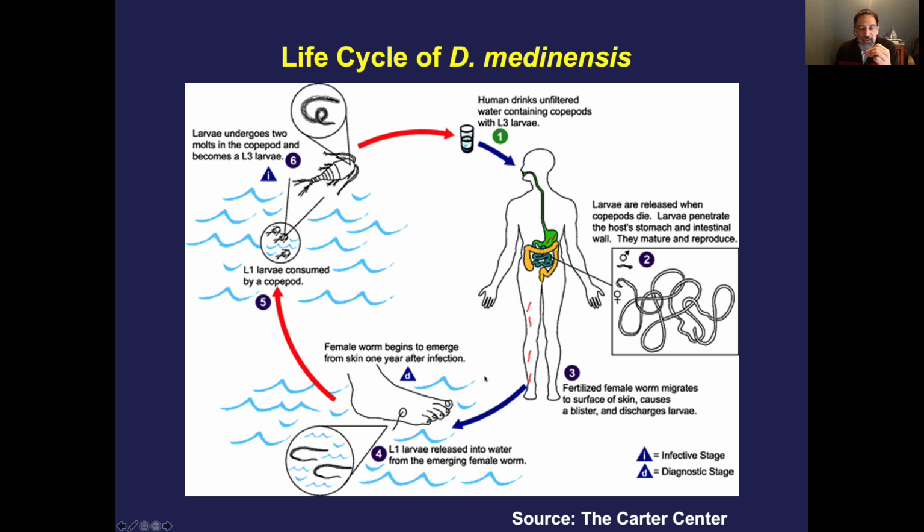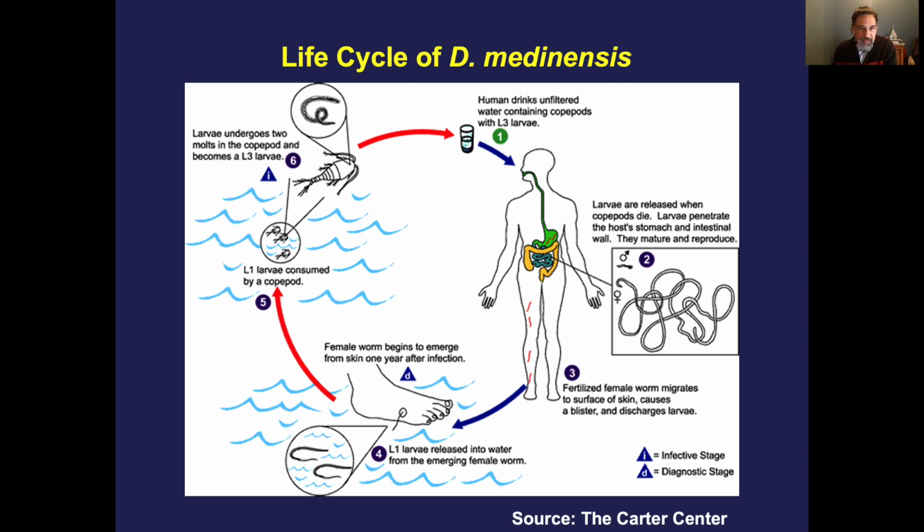The blisters cause a burning or itching sensation. People want to relieve the burning and itching by putting their foot or their arm in water. When that happens, the worm emerges from the surface and opens its mouth and releases the eggs back into the water, completing the cycle, so that someone else who drinks the water can become infected at a later time.